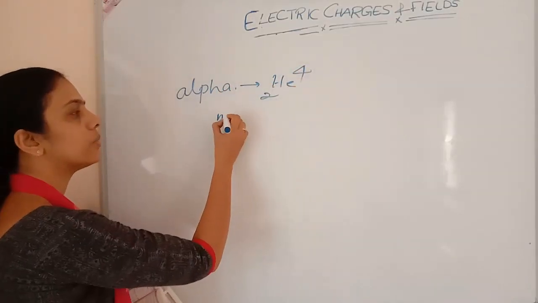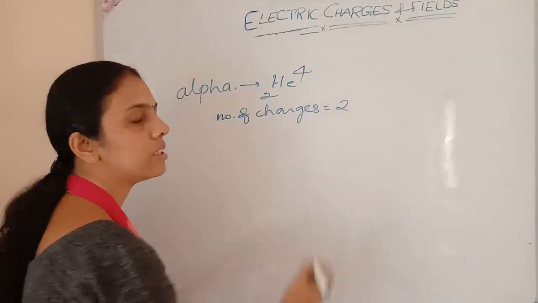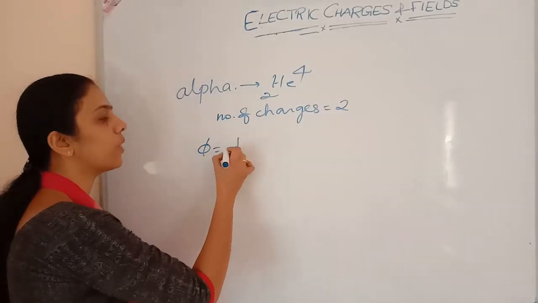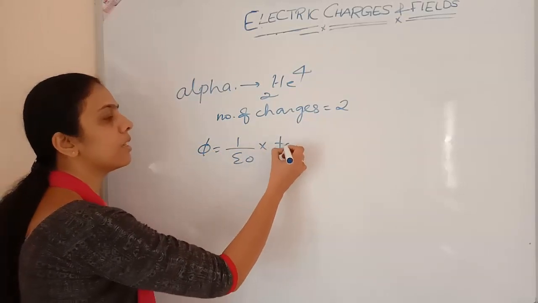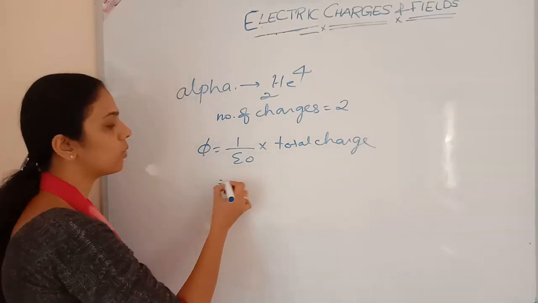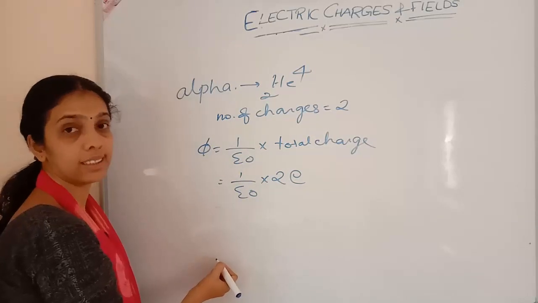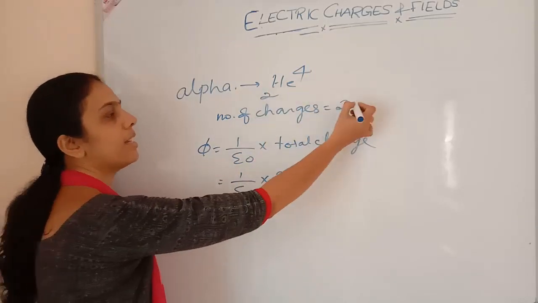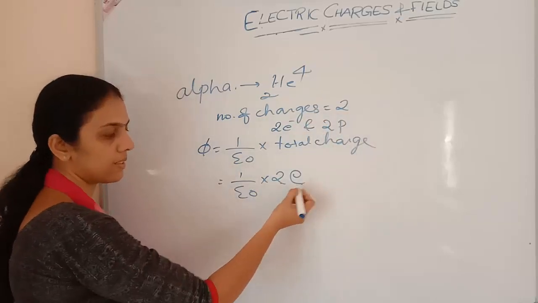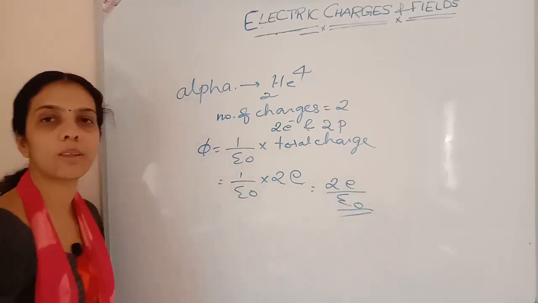The number of charges will be 2, two protons. The total flux linked with the surface is equal to 1 by epsilon 0 times the total charge enclosed in the surface. So 1 by epsilon 0, 2 times the electric charge. 2e is the charge, so the total flux will be equal to 2e by epsilon 0.